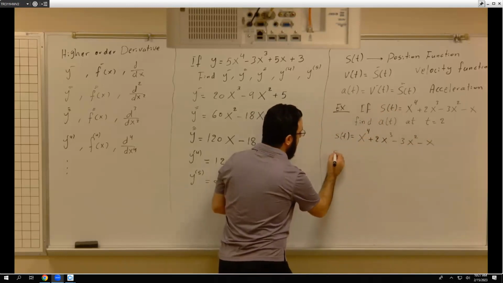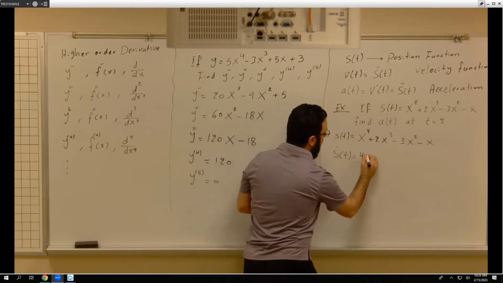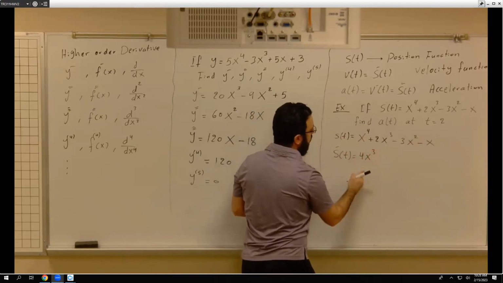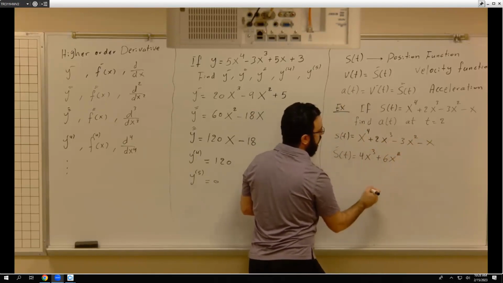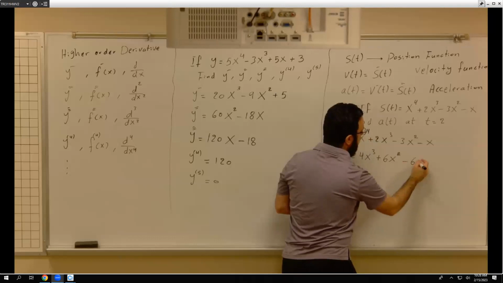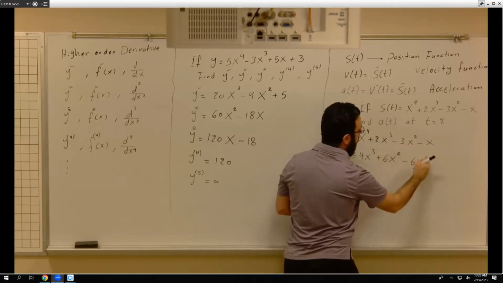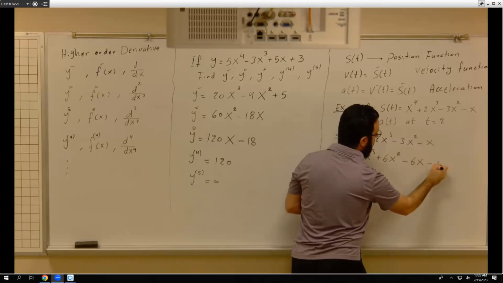So the first derivative, which is the velocity, equals 4x cubed plus 2 times 3 is 6x, 3 minus 1 is 2. Minus 3 times 2 is going to be 6x, 2 minus 1 is going to be 1, minus the derivative for x is going to be 1. So this is the first derivative.